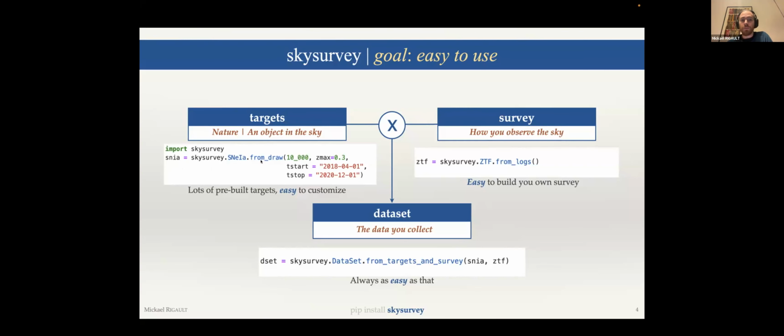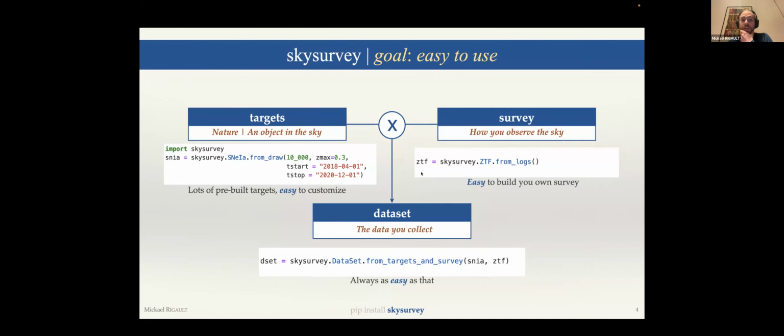Then you load it from a from_draw method that draws 10,000 of those targets up to a redshift of 0.1, 0.3, and from a given time range. If you don't provide the number of supernovae you want, it's going to draw following the volumetric rates of the supernovae, so this would be, I don't know, hundreds of thousands, for instance, up to 0.3 for 2 years.